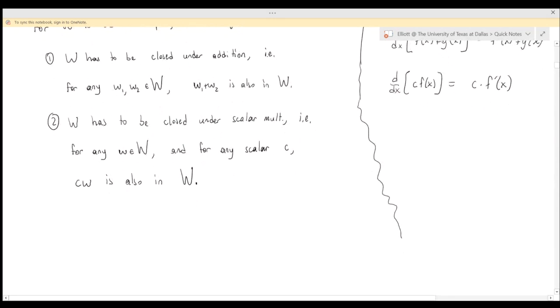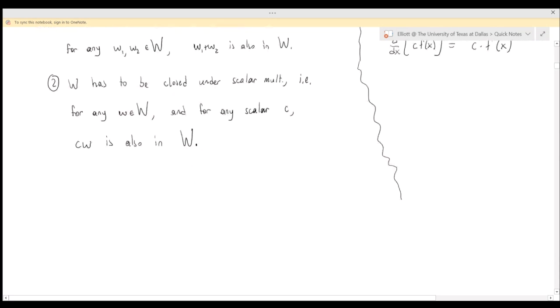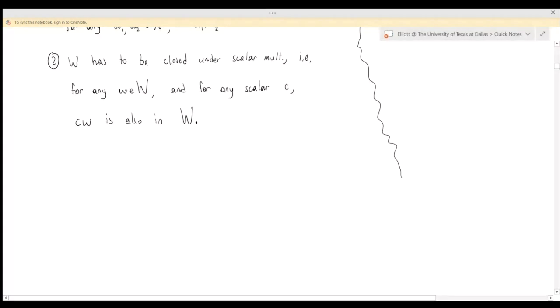All right. And so I think the best way to understand all of this is to look at a bunch of examples. So that's what I'm going to try and do right now. So let's start with the first example over here. So I'll start by working with R3 as the vector space.